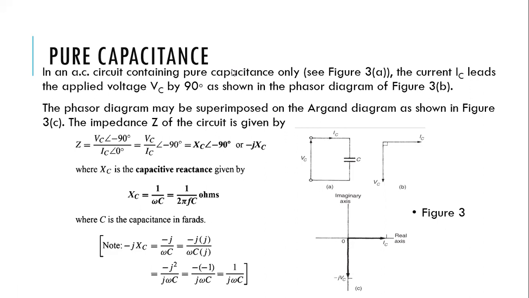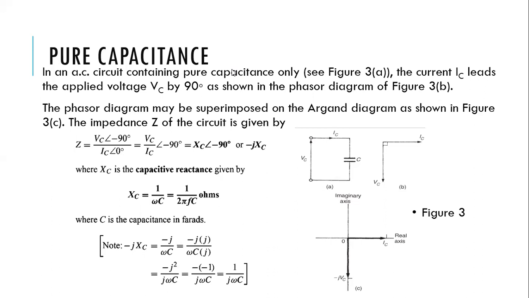The impedance Z of the circuit is given as Z equal to VC at an angle of minus 90 because it is lagging, divided by IC at an angle of 0. So at the end of the day, you are going to have XC at an angle of minus 90 degrees, and that minus 90 degrees is minus j. So we can say minus jXC.